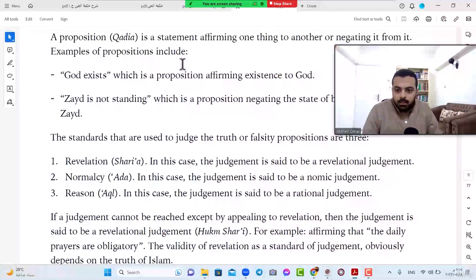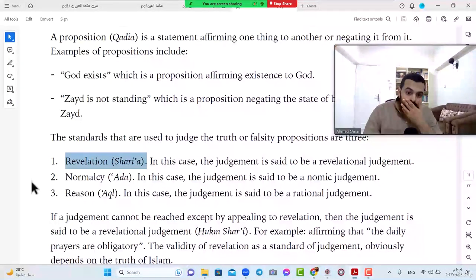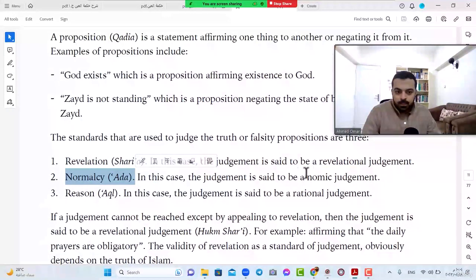The standards that are used to judge the truth or falsity of propositions are three: revelation, sharia. In this case, the judgment is said to be a revelational judgment. Normalcy, ada. In this case, the judgment is said to be a gnomic judgment. And reason, aql. In this case, the judgment is said to be a rational judgment.